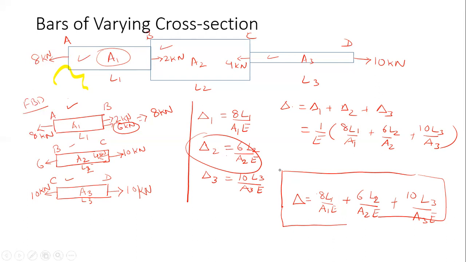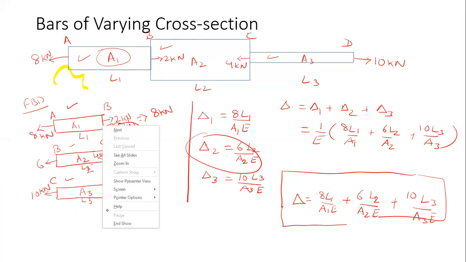So this is how we can calculate the total deformations. Now we will also take up a problem on how to handle different forces acting. A problem can be like this.